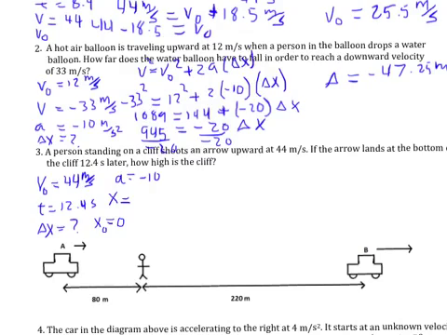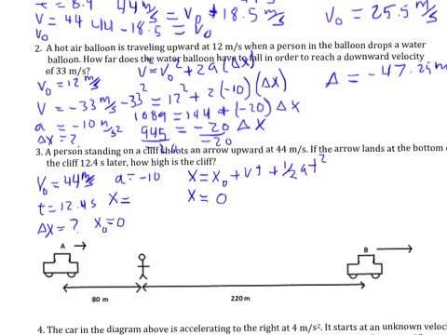We're going to use x equals x naught plus vt plus 1/2 at squared. So x is what we're looking for. X naught is going to be 0.